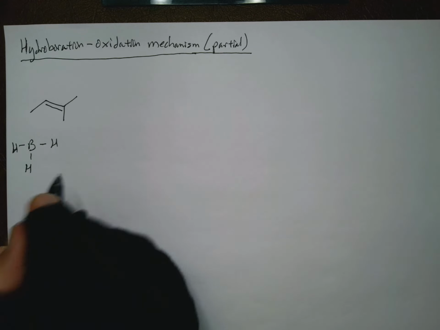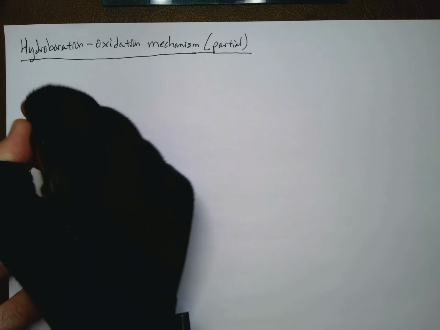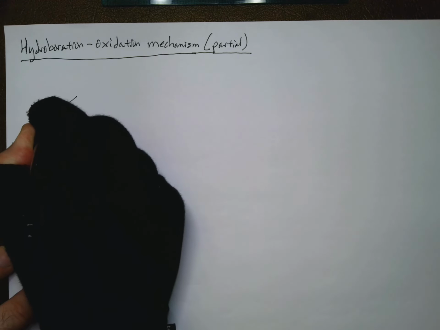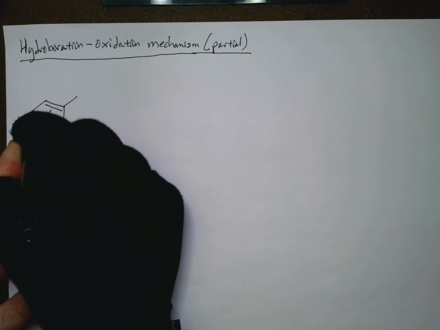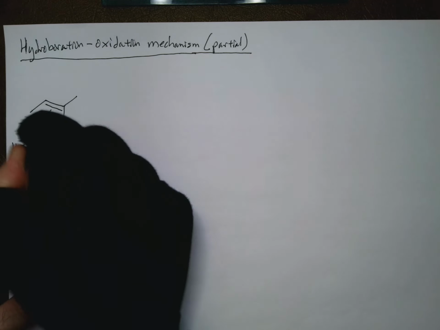What we're going to get here is our pair of electrons from the double bond adding to the boron.